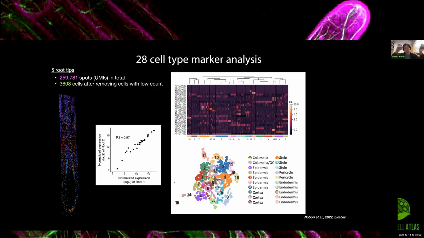So I can put them back into the actual tissue, keeping the cluster label the same. This is the mapping of those clusters. Those clusters recapitulated actual cell types and regions in the actual 3D root tissue. So this demonstrates that the whole pipeline and clustering really captured real biology.